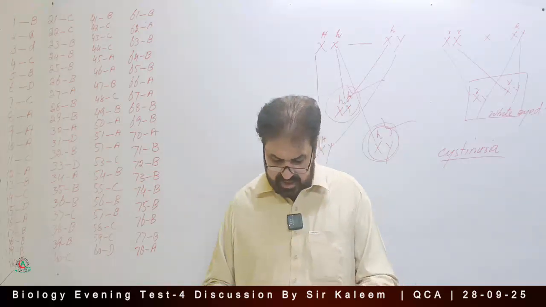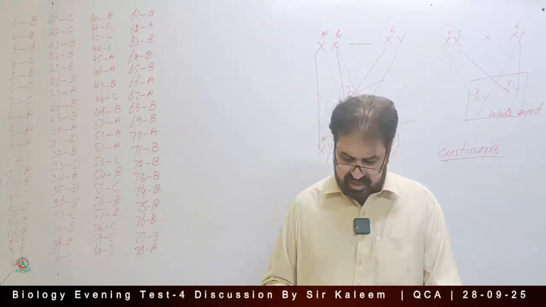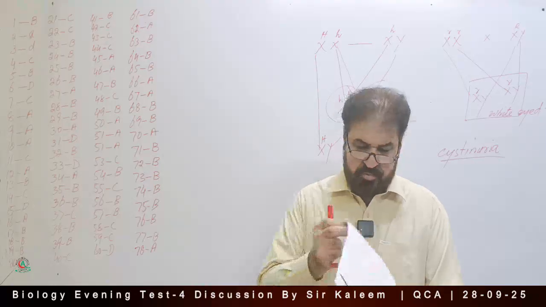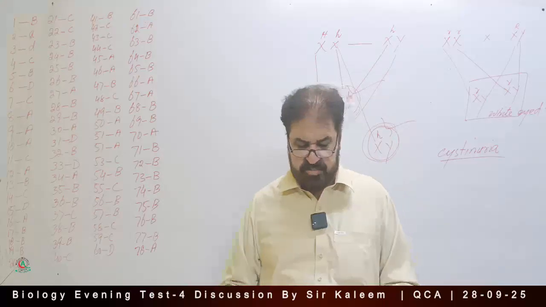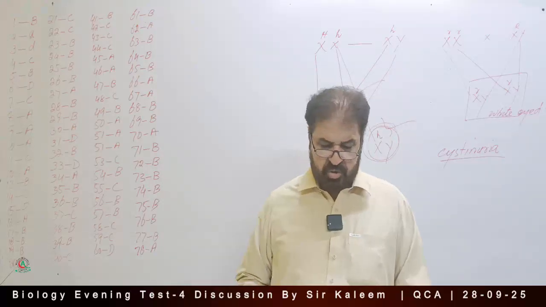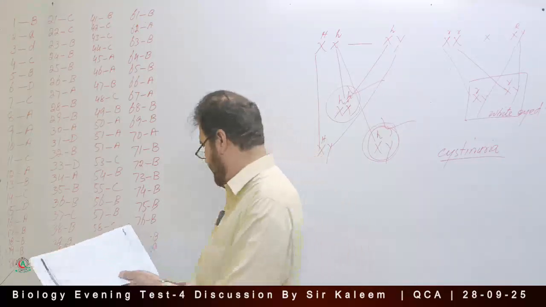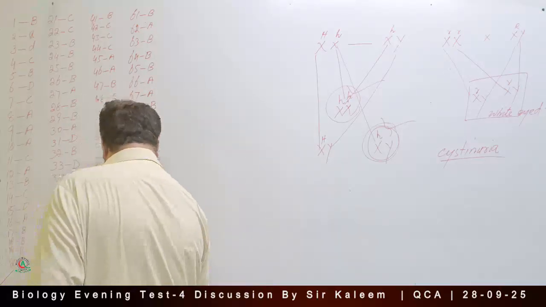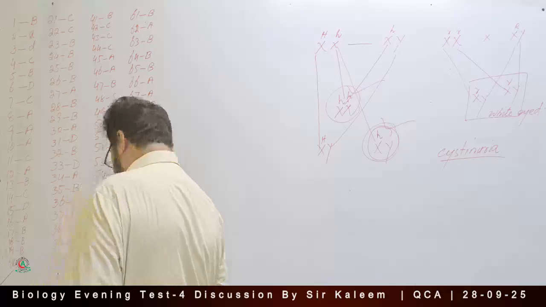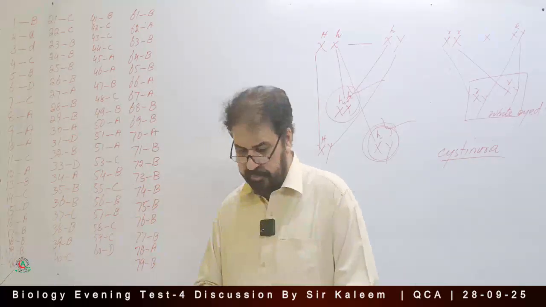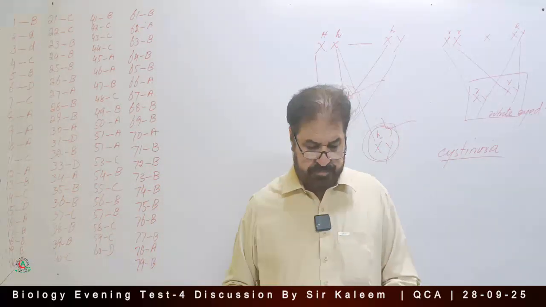Question number 79. Which disease is commonly diagnosed by using DNA probes? Tuberculosis, TB. So option B is correct. Question 80.